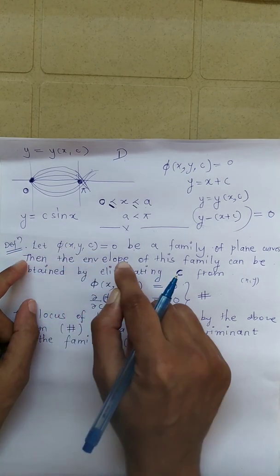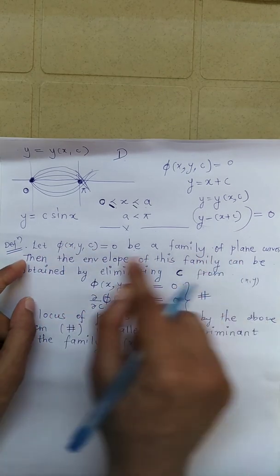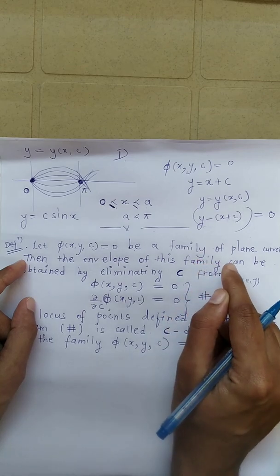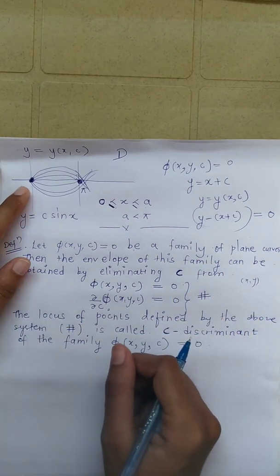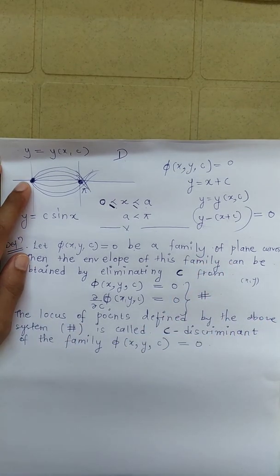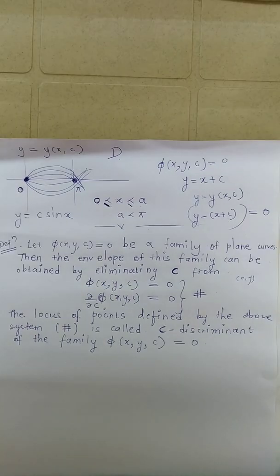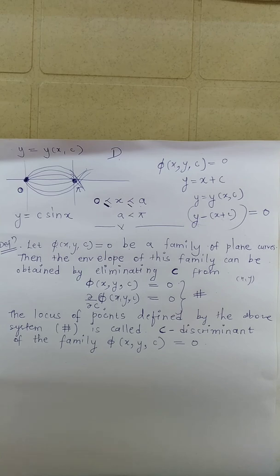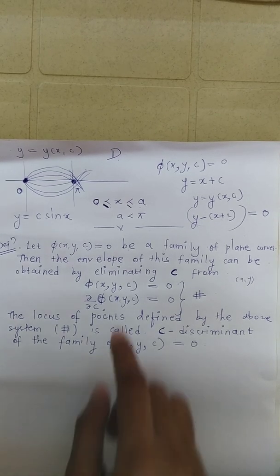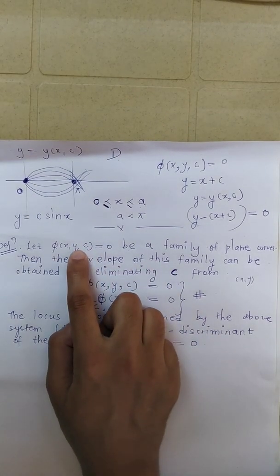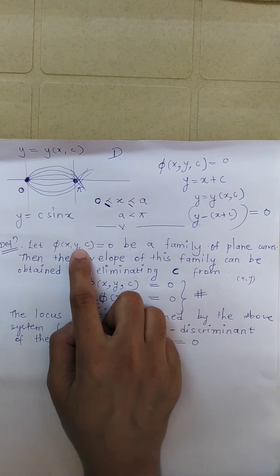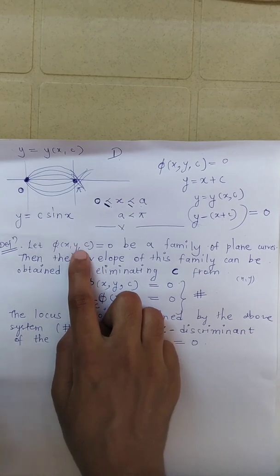Now what is this envelope of this family? Envelope of the family means a curve each point of which touches a certain curve of the family, and each portion of which is touched by an infinite number of curves of the family.